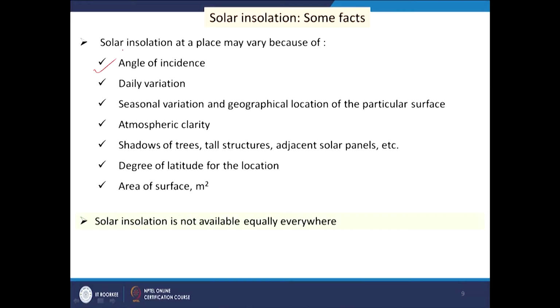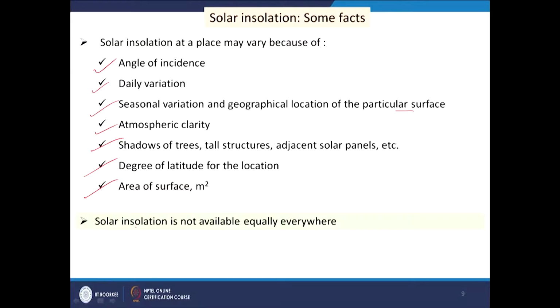Now, there are many factors which influence the solar insolation. What are those? Angle of incidence, daily variation, then seasonal variations and geographical location of the particular surface, then atmospheric clarity, then shadows of trees, tall structures, adjacent solar panels, and then degree of latitude for the location and area of the surface.